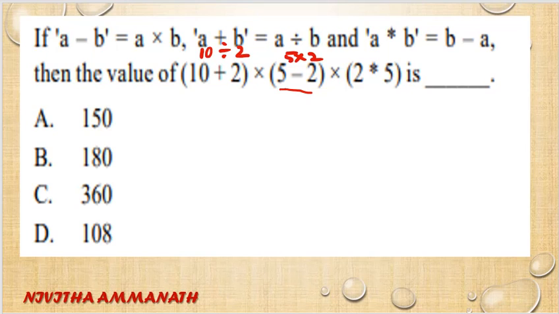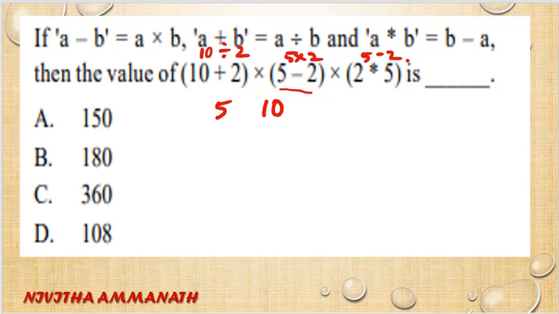Then A star B, B minus A, that is 5 minus 2. So this is the same as BODMAS rule is applying. Division first, that is 10 divided by 2 is 5. Then multiplication, 5 into 2, 10.